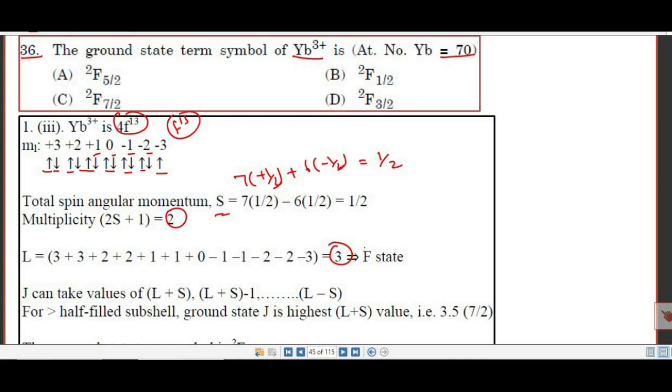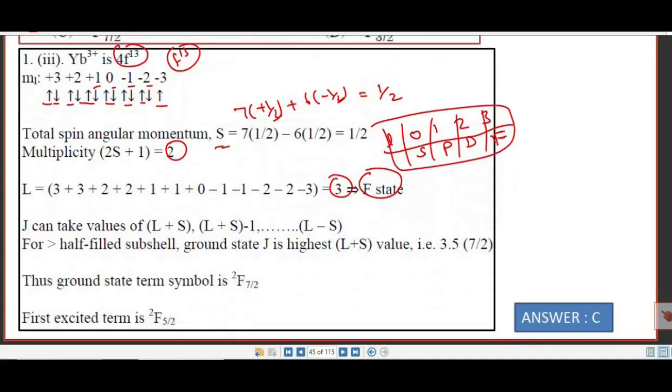For L equal to 3 it is an F state. For the L value, 0 means s orbital, 1 p orbital, 2 d, 3 is F. So J equals L plus S, since 4f13 is more than half filled.